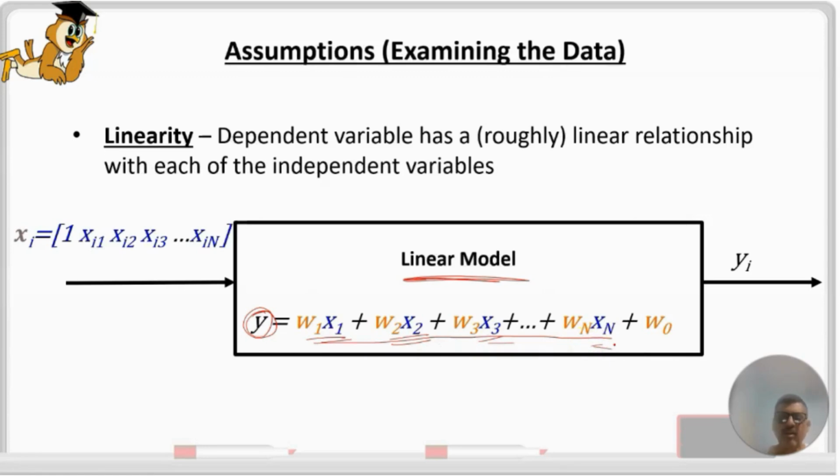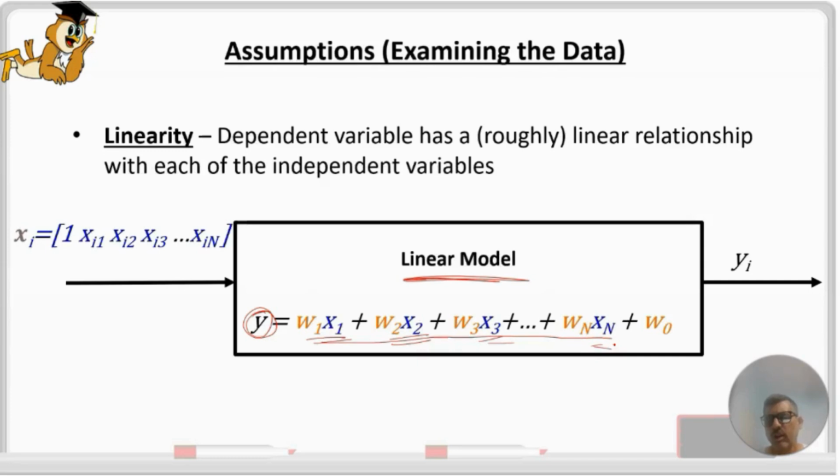That's your model. Now, if your underlying data, if your observed data did not have such a linear relationship, the behavior of the training data would not be modeled by a linear model, right?